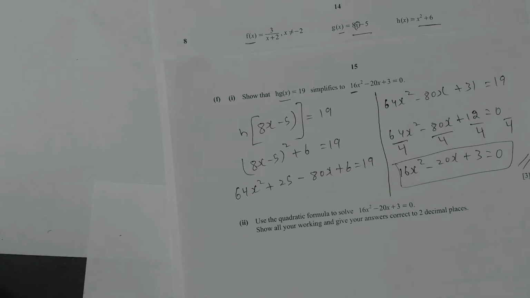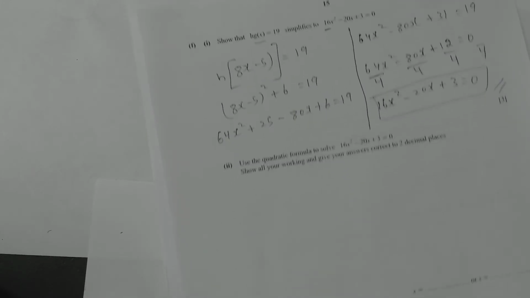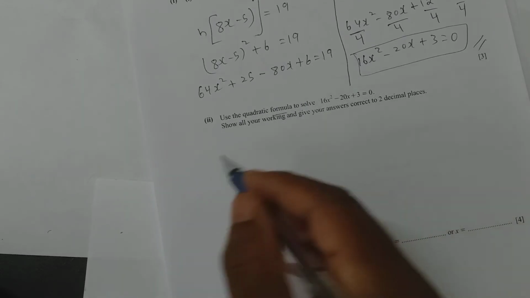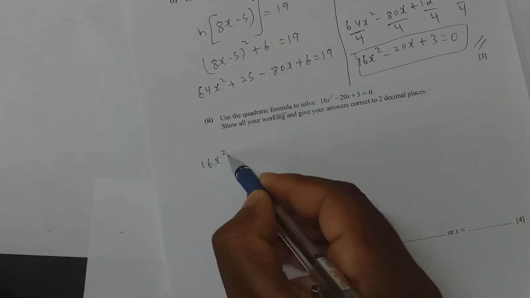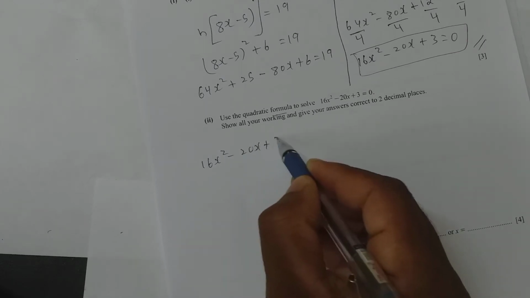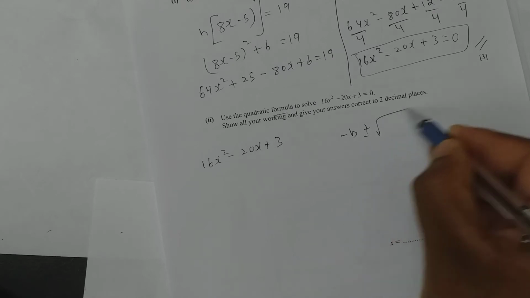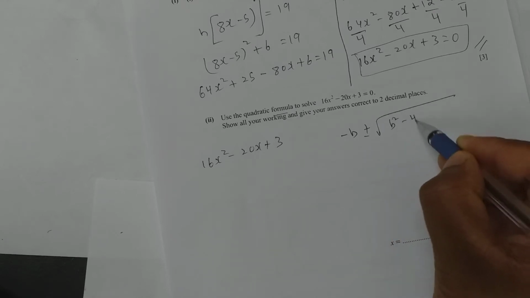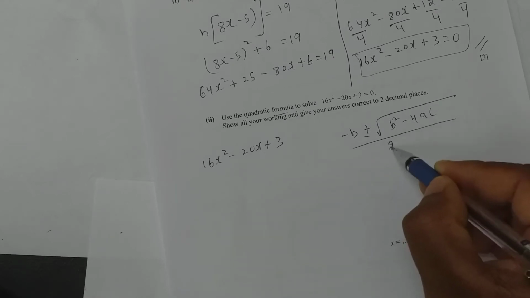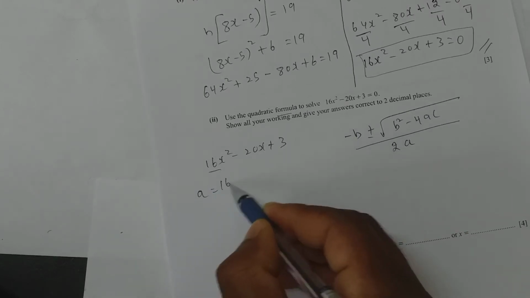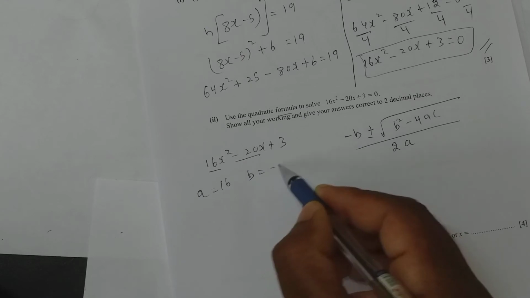Okay. Now next one. Use the quadratic formula to solve this. 16x square minus 20x plus 3. What is the quadratic formula? Minus b plus or minus root of b square minus 4ac by 2a. So in place of a, what do you have? 16. In place of b, it is minus 20.